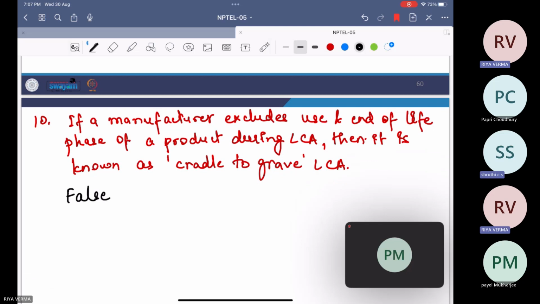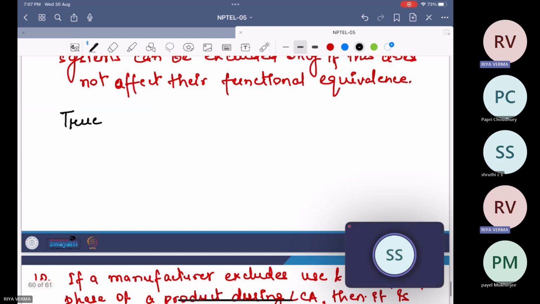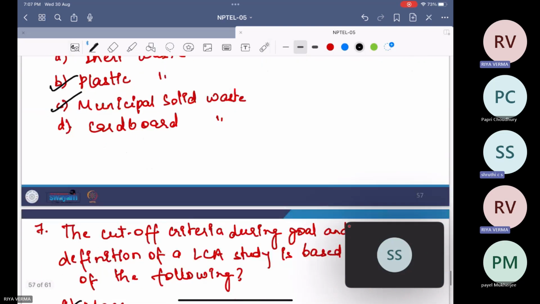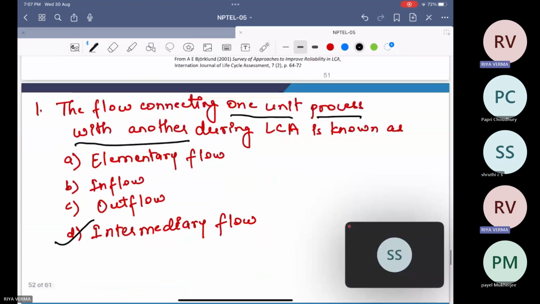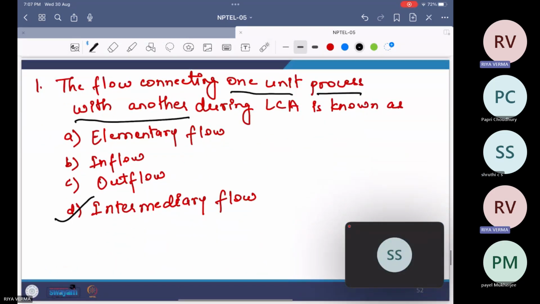Ma'am, shall I repeat the first two questions? Yes, ma'am. Definitely, I will. Okay. So the first question is: the flow connecting one unit process with another during LCA is known as. Shall I dictate it slowly?